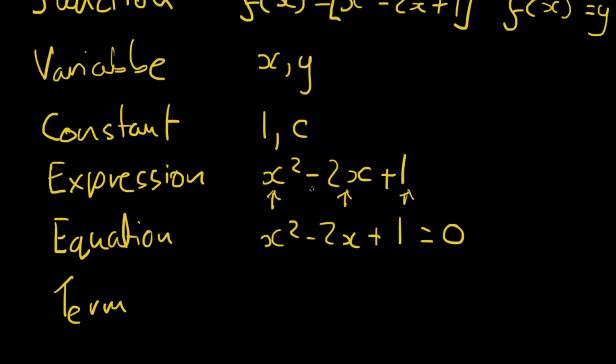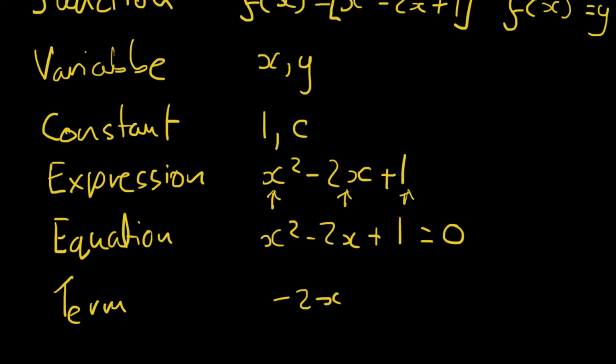A term is simply a variable or constant separated by pluses or minuses. So our term here will be minus 2x. It could also be x squared or the 1, and we could say that the x squared is our first term, the minus 2x is our second term, and so on.